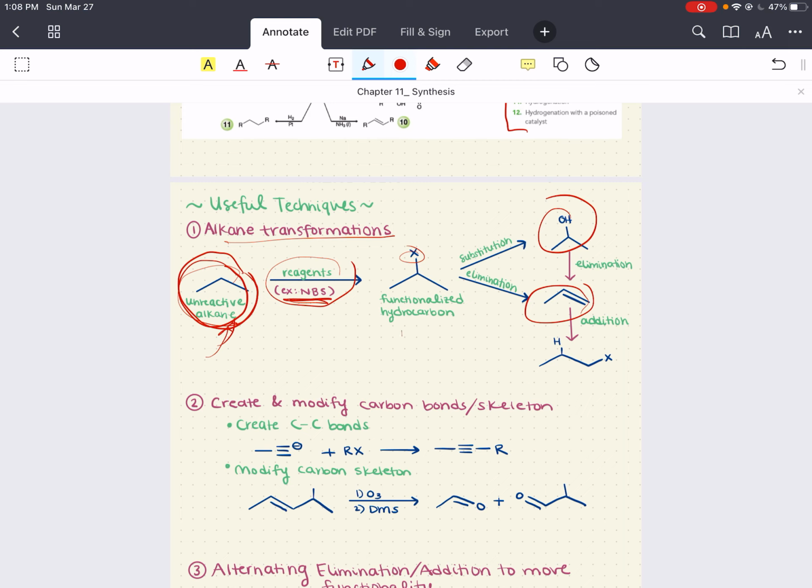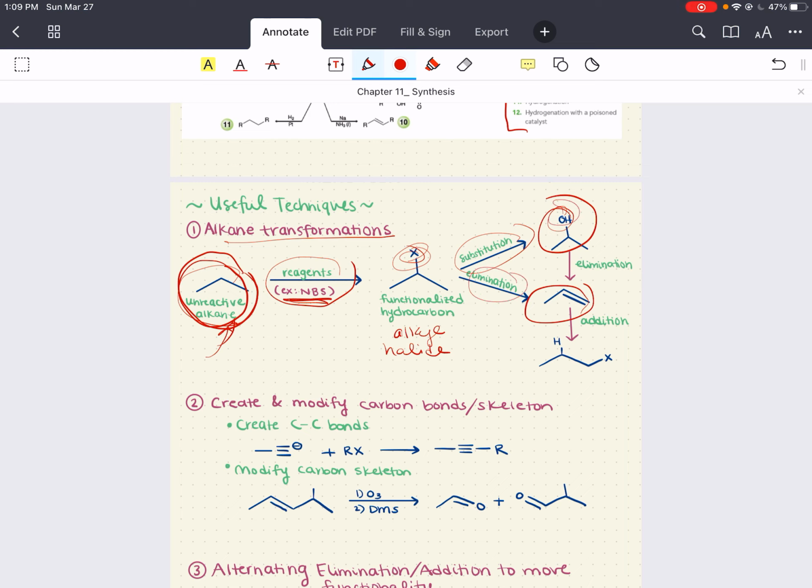Now you have an alkyl halide, and we know exactly how to deal with alkyl halides because that is literally all of chapter 7, right? Taking alkyl halides and being able to do substitution and elimination reactions. So you could do a substitution reaction to substitute that halogen with an alcohol, a nitrile, or whatever else, or you could do elimination reactions, remove that halogen, form a double bond.